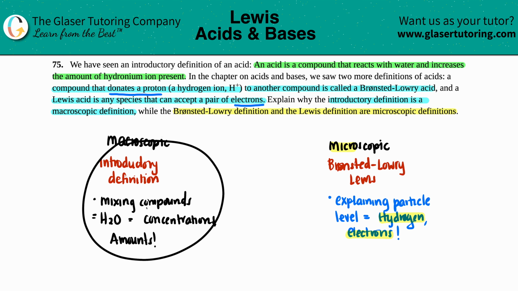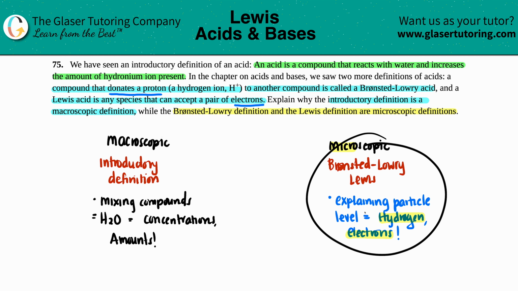This idea is what we can see. We're not really talking about amounts here, right? We're not talking about concentrations at the microscopic level. We're talking about individual hydrogen transfers and individual, or a pair of electron transfers, not specifically big ideas such as concentration and amounts of a compound reacting with water.